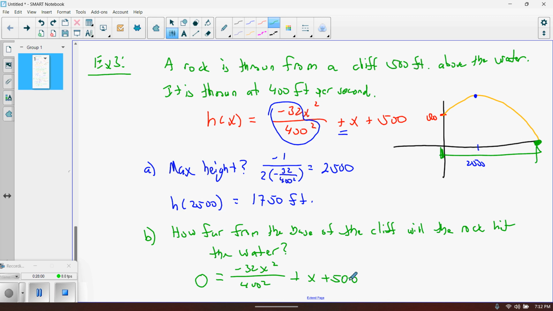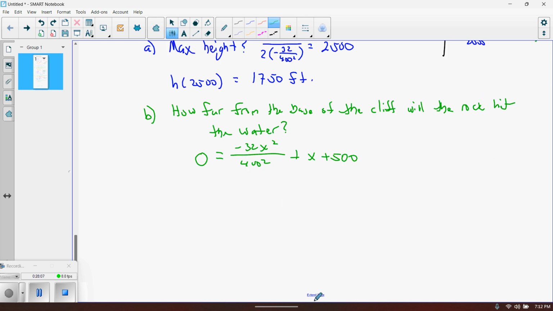Okay, again, not going to be an easy one here to do. Let's see if we can simplify this just a little bit first. So let's see, 400 squared is going to be 16,000. So it'll be negative 32 over 16,000 x squared plus x plus 500.